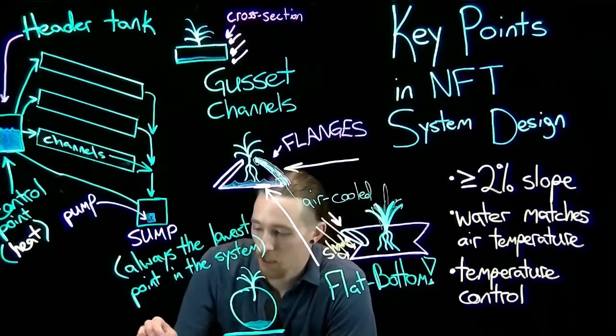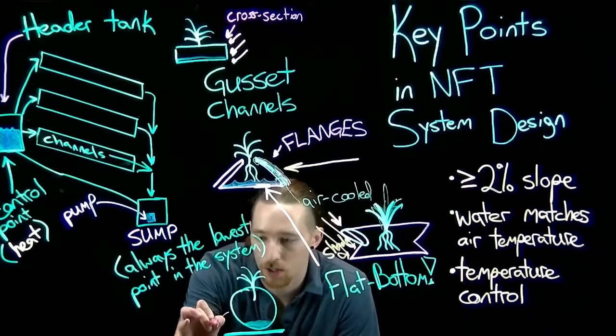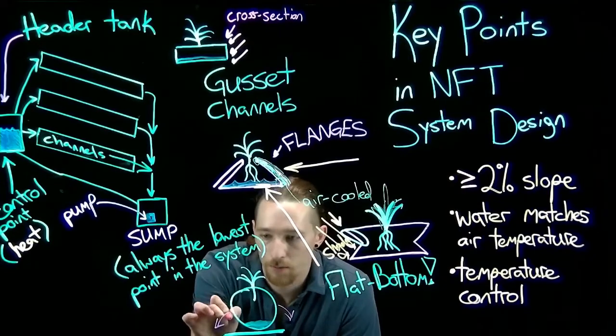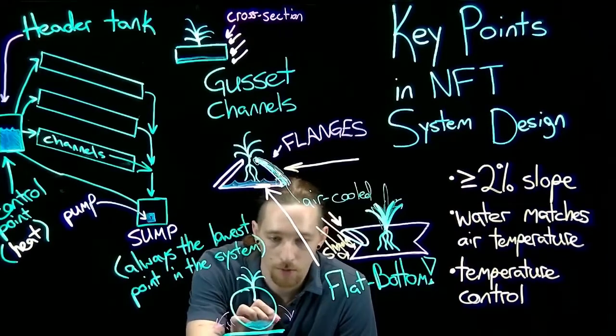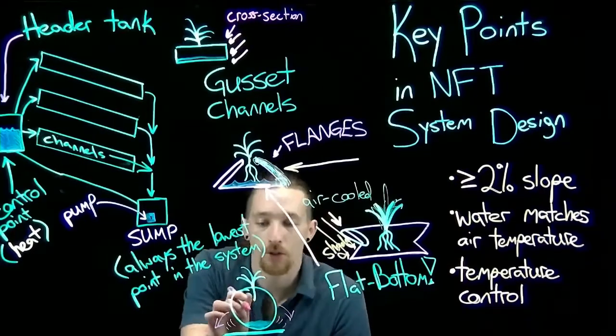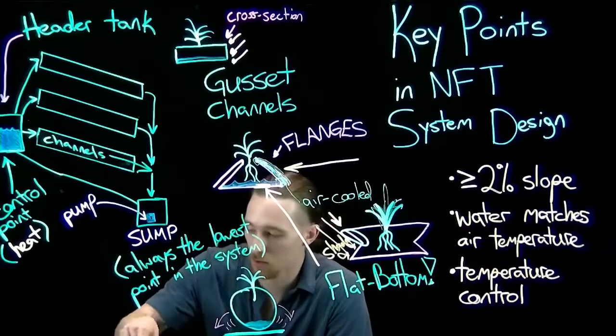But two things are happening. One, you're going to have to work pretty hard to secure this so that it does not rock or roll either way, left or right. The other thing is that this gives a lot less room, a lot less volume for both the nutrient solution and the roots from this plant.